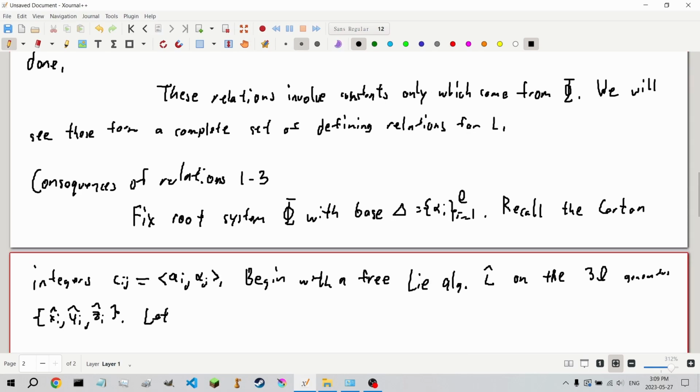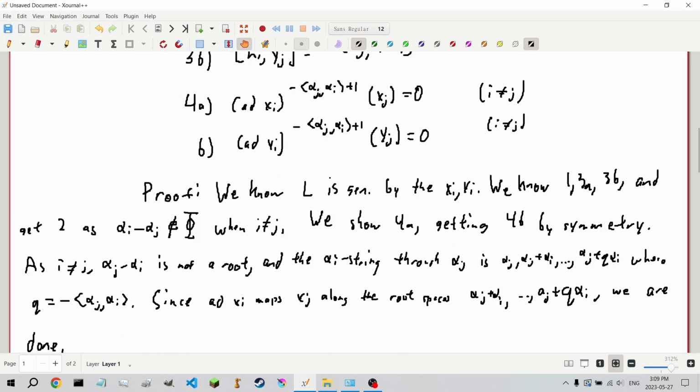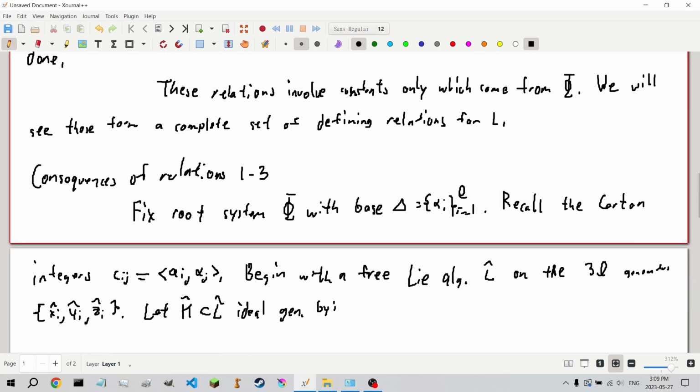We're going to let K be the ideal in L hat generated by, well, our first rule is that the bracket of the h's is 0, so we have the bracket h hat i with h hat j.